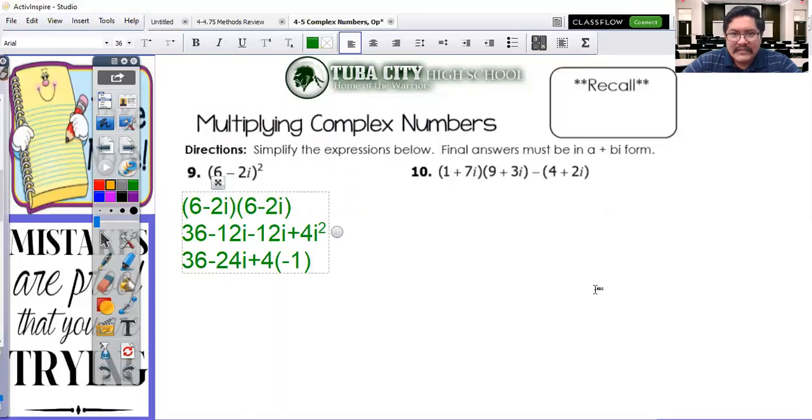I guess I should add that into the slides the way it should be. All right, so now I got 36 minus 24i, minus 4, because now I have to multiply 4 times negative 1, and that'd be negative 4. And then 32 minus 24i.